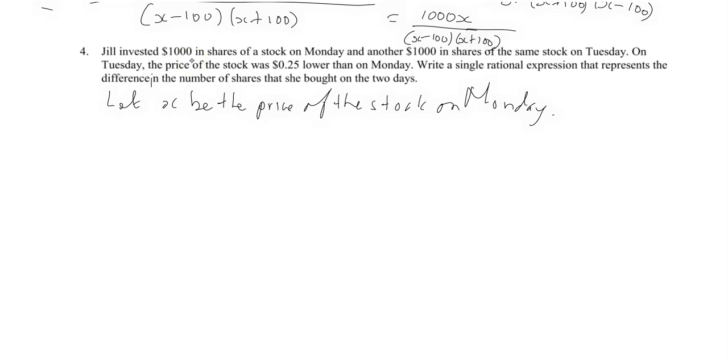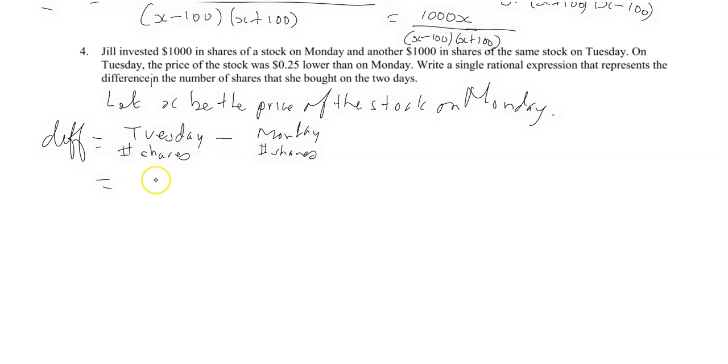If the price was $2, it would be 1,000 divided by 2, or 500 shares. So what we're going to do is Tuesday minus Monday, right? Because she bought more. Tuesday shares, Monday number of shares. Okay, and that's a single rational expression, so that's the difference in the number of shares. Let's call that diff.